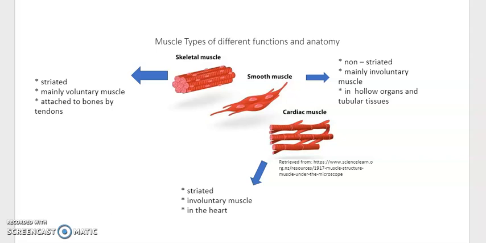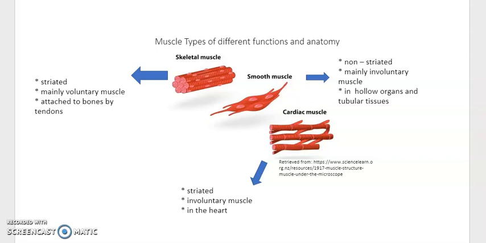We're going to see some other components here, mainly the sarcomere, Z-line, I-band, and anatomy of that sort in our skeletal muscle. This is going to be connected to our somatic nervous system, where we mainly have some voluntary muscle control with our motor neurons. These skeletal muscles are going to be attached to our bones by connective tissue known as tendons.